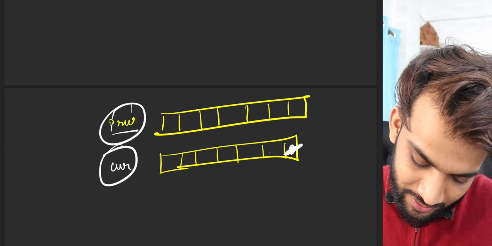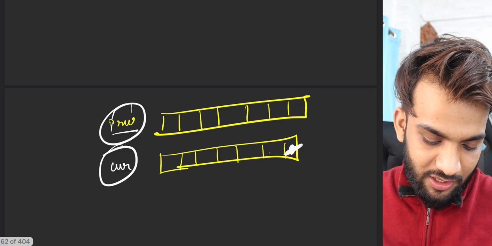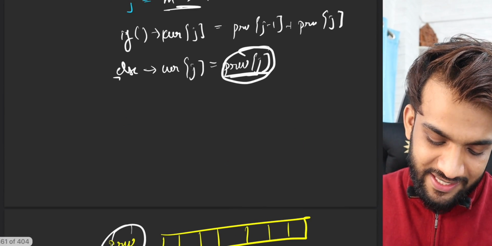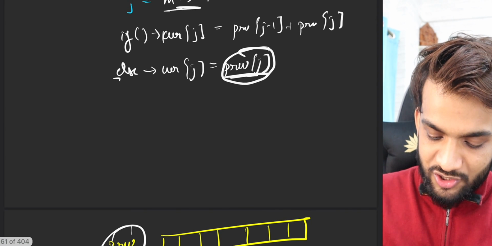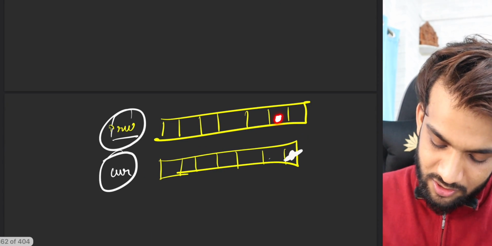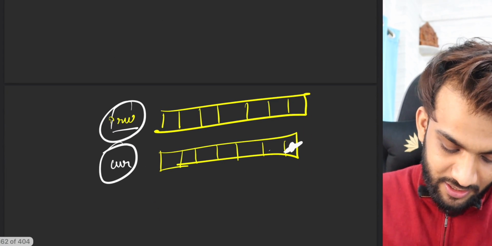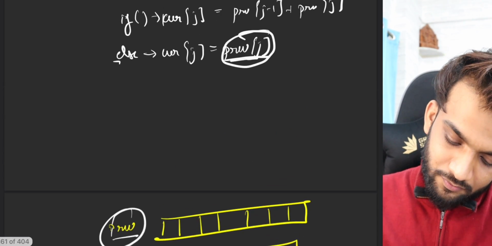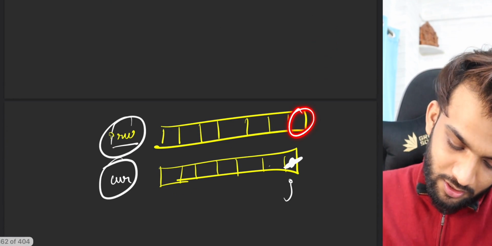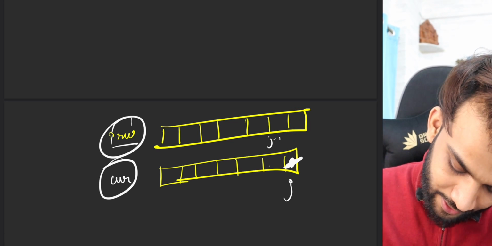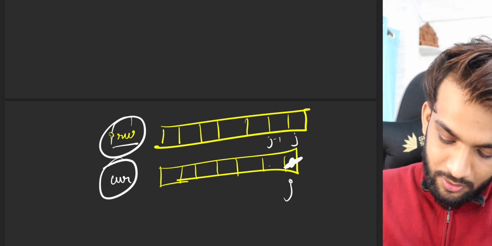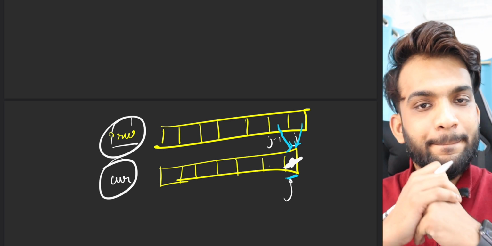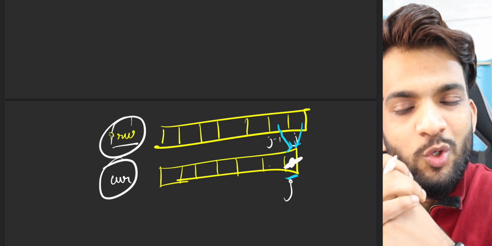Which means this value is taken from this if this else is executed. Or if this if is executed, I'm saying j minus 1, which means previous of j minus 1 and j. These two guys on addition give you this guy. Correct?